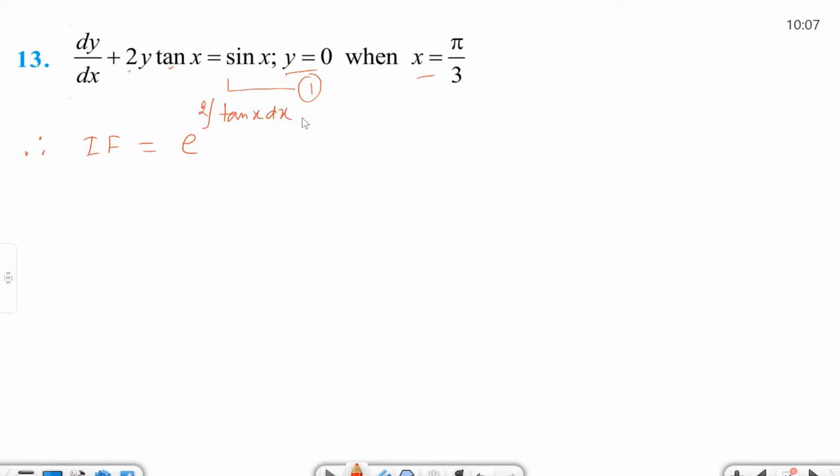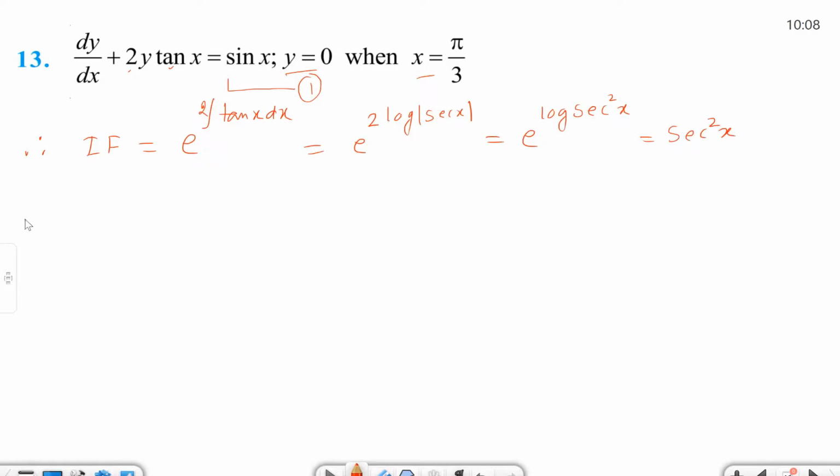Integrating 2 tan x dx, this is equal to e to the power 2 tan x integral result, which is log sec x. So it becomes squared, equal to e to the power log of sec square x. The e to the power log gets removed, simply sec square x is the integrating factor of the differential equation.